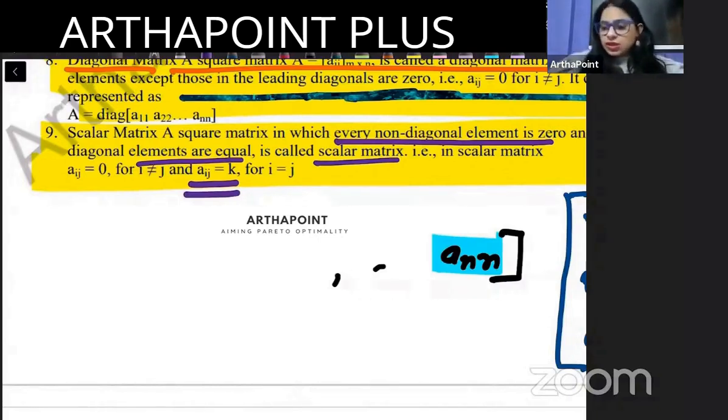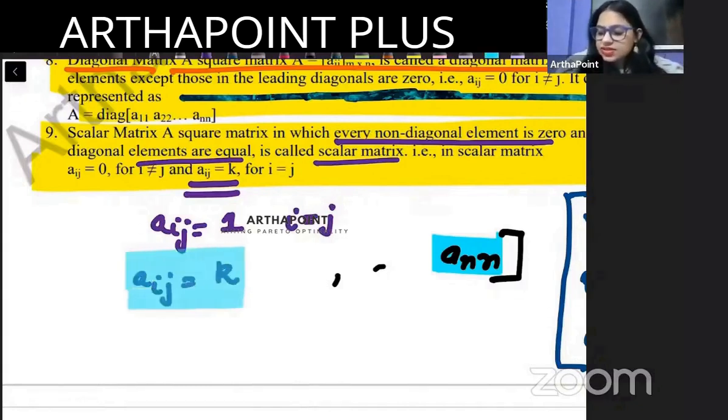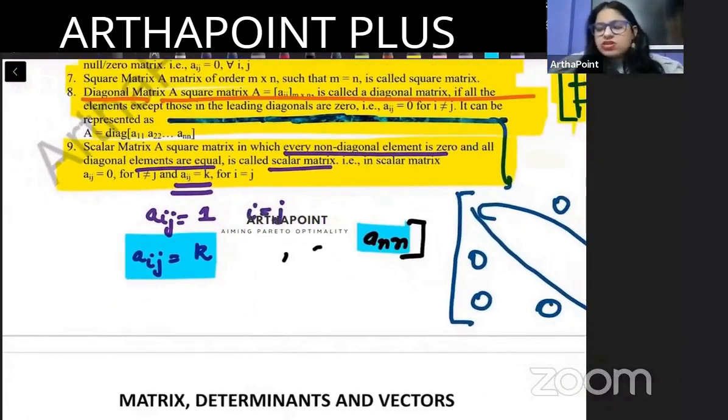If aij had been 1 for all i equal to j, then it would have been an identity matrix. But when I say my aij is some k, this represents a scalar matrix. It is one form of the identity matrix when it is being scaled.